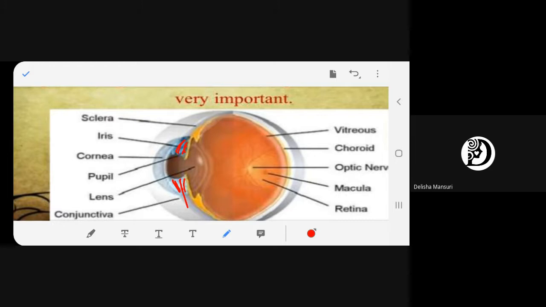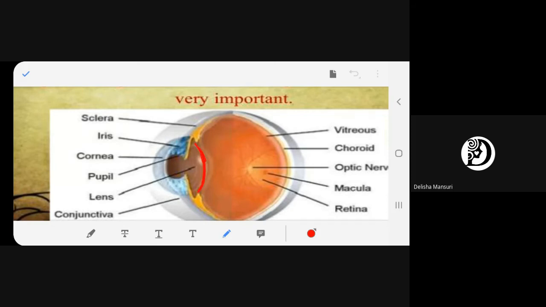What is making it contract? The iris. When we get into a dark room, again the pupil becomes dilated because it's adjusting to the light. Again, which is the part helping it? It is the iris. You understand? So the iris helps in contracting and relaxing the pupil. Any problem? No, ma'am.